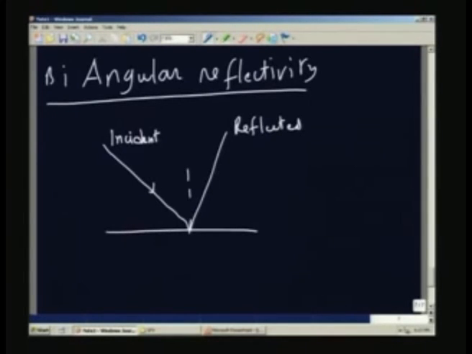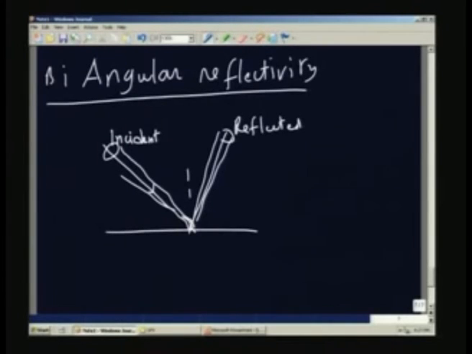So for each direction I have to measure the reflectivity. When I have incident light, what I have is light coming in a small cone onto the surface, and of course I have to measure along the same cone which is reflected.